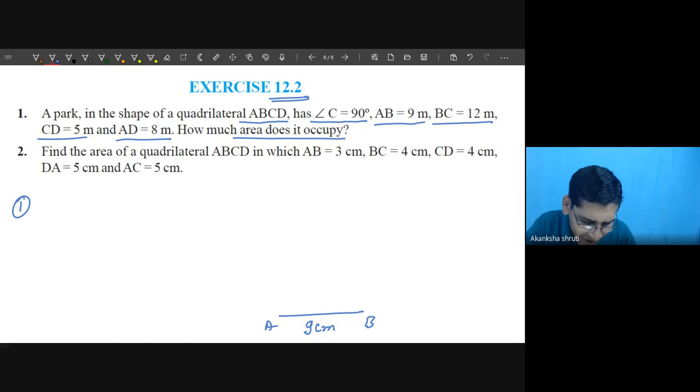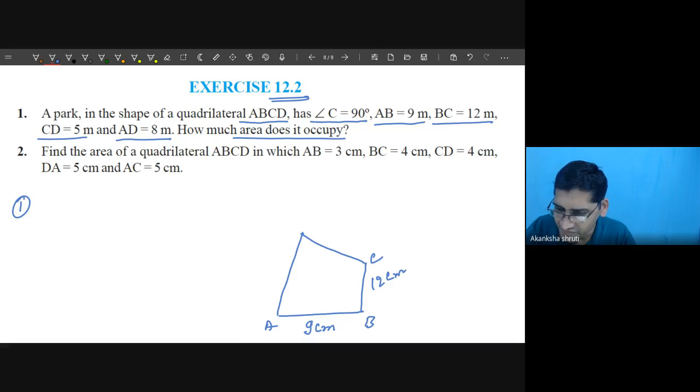The figure is given. A park is in the shape of a quadrilateral ABCD such that angle C is 90 degrees. AB is 12 centimeter and BC is 12 centimeter.